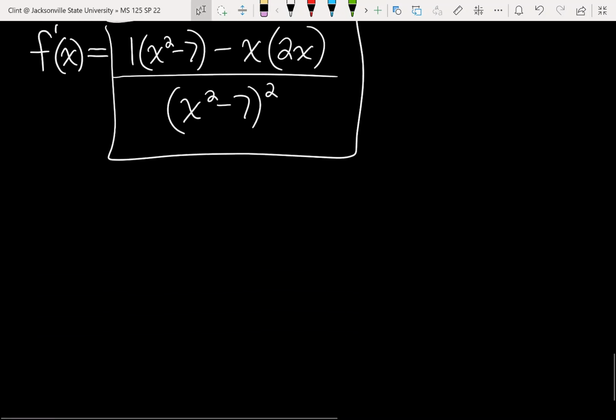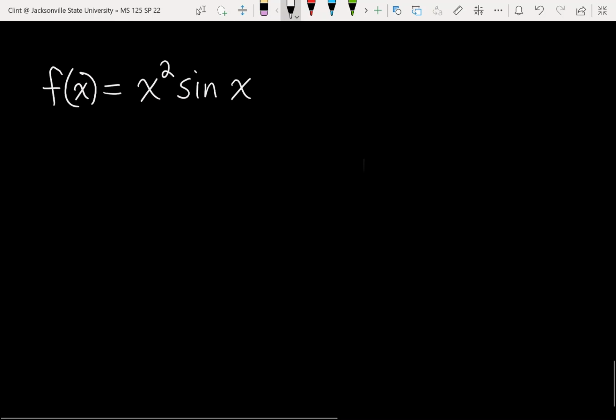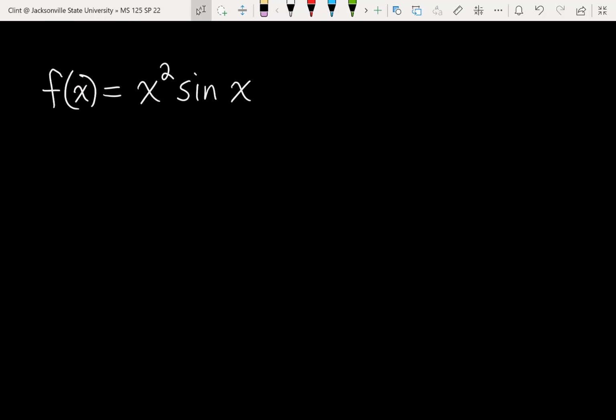Pull that out. So, product rule. So we do product rule.